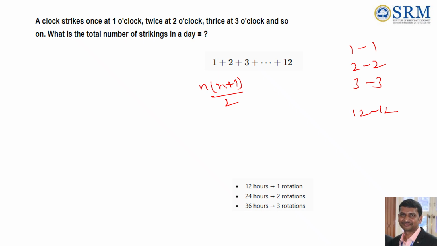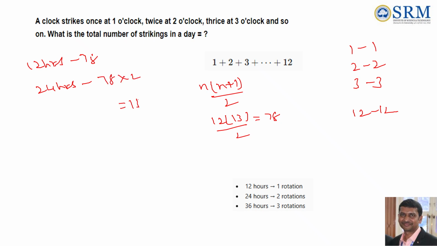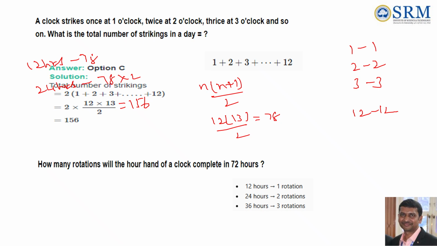So 12 into 13 by 2 is 78. Every 12 hours it is 78, so for 24 hours, 78 into 2 is 156.